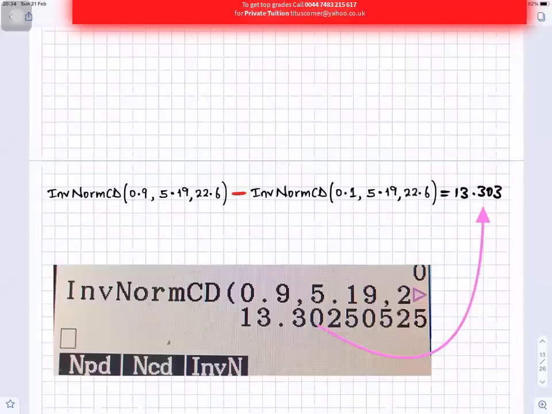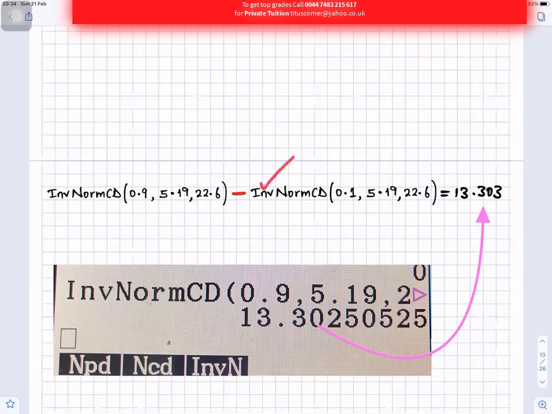Another way to do it on the graphics calculator is to use inverse normal cumulative distribution. The 0.9 represents the 90th percentile, 5.19 represents the standard deviation, 22.6 represents the mean. Make sure you put the commas.